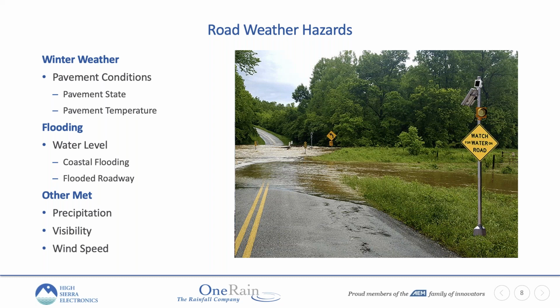And then we have other areas that often get overlooked as well, including visibility and wind speed, which can have really big impacts to how a system can operate, and the response of the municipality to go out and operate with that.